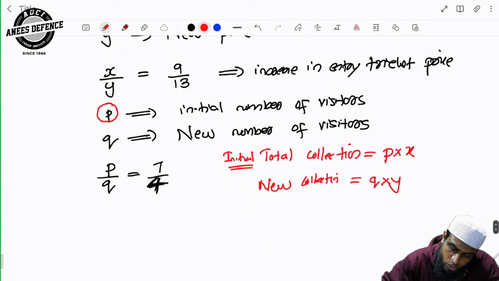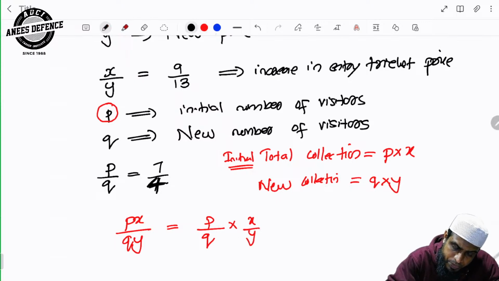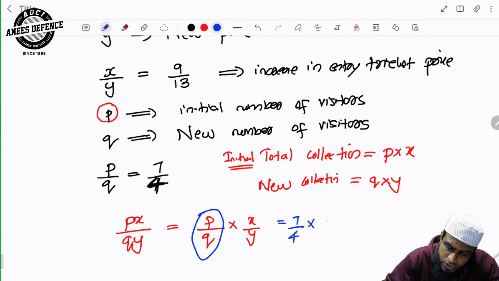So we can do Px by Qy. Px by Qy can be written as P by Q into X by Y. P by Q is 7 by 4 and X by Y is 9 by 13.